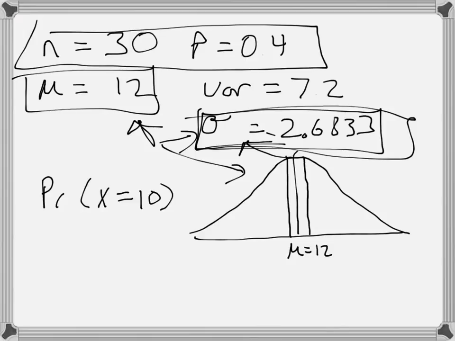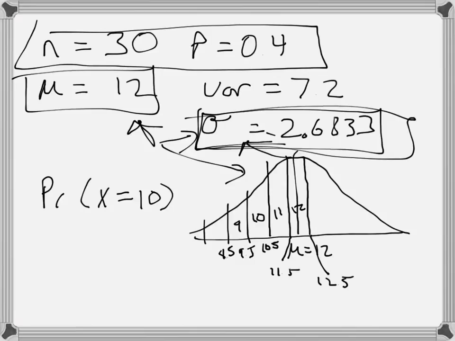So 12 minus 0.5 is 11.5, and 12 plus 0.5 is 12.5. This range in here is the probability that I observe 12 by itself. And we do that for every number. So 10.5, 11, 12, and 9.5 for 10. We can continue down, and we can go up if we wanted to, but we don't need to for our questions.